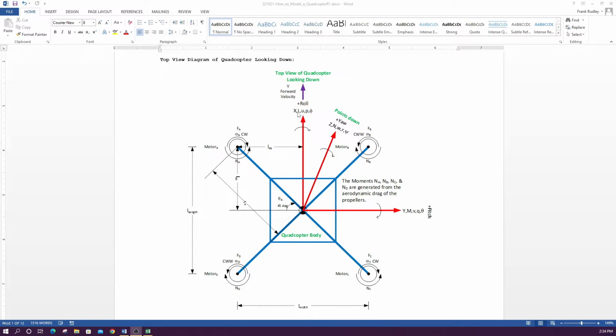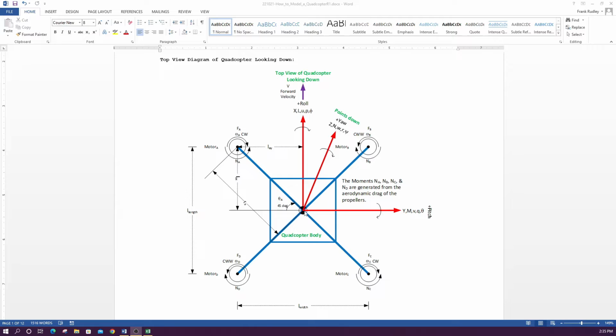U would be the longitudinal velocity, the forward velocity. P would be the roll rate, again positive in this direction. And phi would be the roll angle or bank angle, positive in this direction, or right turn.